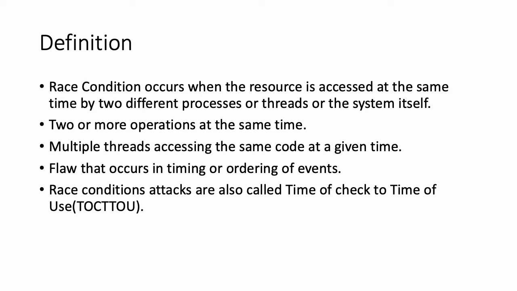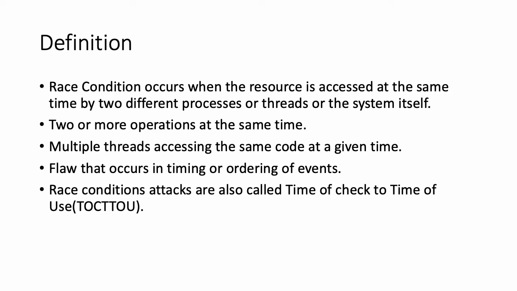In this situation, multiple threads will be accessing the same code at a given time, which leads to erroneous program behavior. Some systems must execute some tasks in a specific sequence, but because of multiple threads accessing that particular resource, this sequence of order may not be possible.